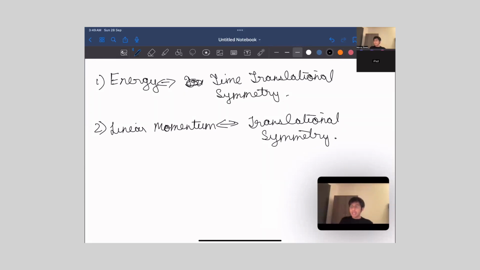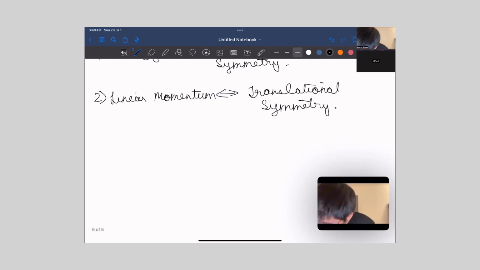If I were to move forward in, let's say, the x direction, and if I were to perform an experiment at x equals 2 and x equals 5, and if the results of the experiment are the same, that means with respect to translation on the x-axis, there is a symmetry. My physics doesn't change with respect to motion along the x-axis. So there is a translational symmetry, and the conservation law which is born out of that symmetry is the conservation of linear momentum.